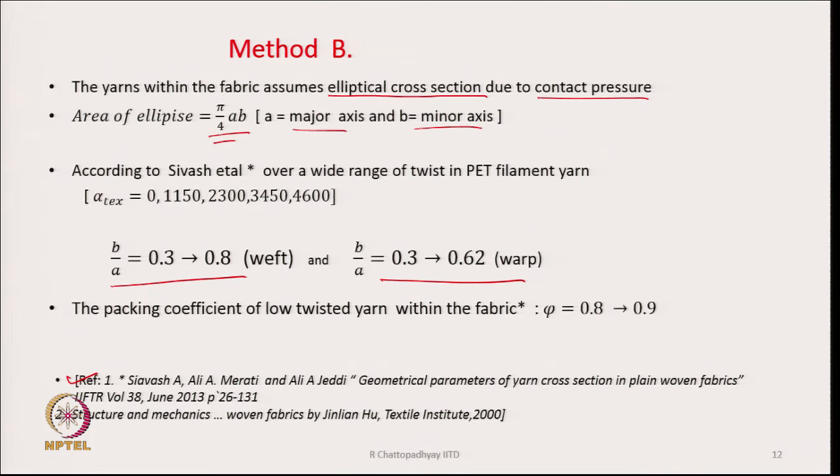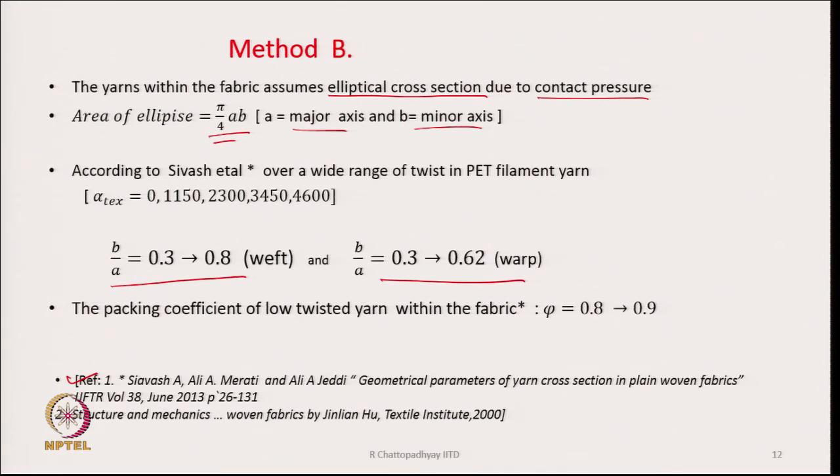Based on that information we can see that the weft yarn ellipticity values vary between 0.3 to 0.8 depending upon the twist in it and the corresponding twist in the warp yarn.